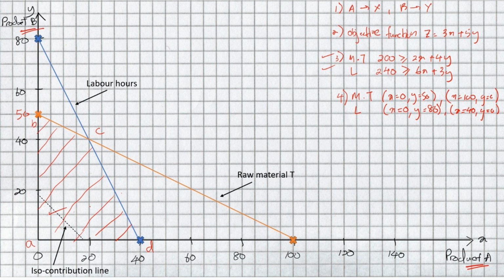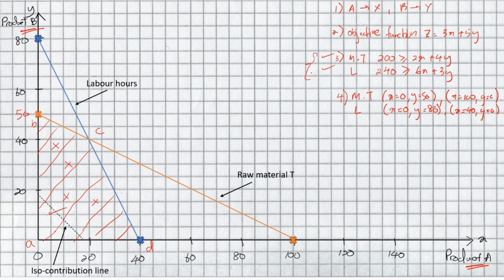Do not consider the iso-contribution line here. So the area which is enclosed by the feasible points A, B, C, D is the feasible region for this example. Simply this means any point within this feasible region will satisfy all the constraints.